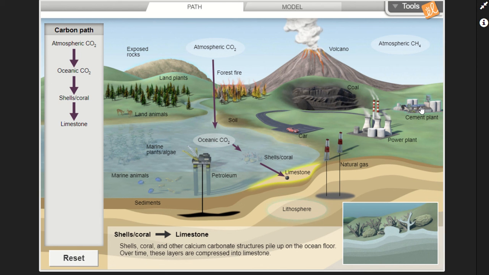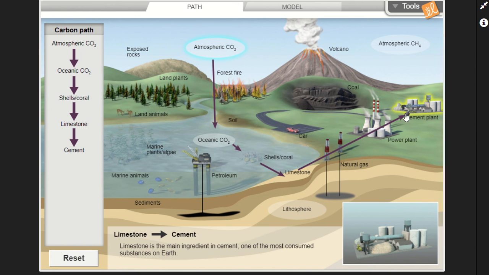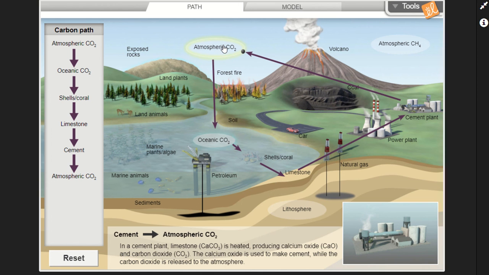So from ocean to coral, and it takes you straight to limestone, because you need limestone to get to the cement plant. Okay, because it says, how is carbon dioxide produced in the cement plant? So it says from limestone to cement. Limestone is the main ingredient in cement, one of the most consumed substances on Earth. So I'm going to click up here in atmosphere.